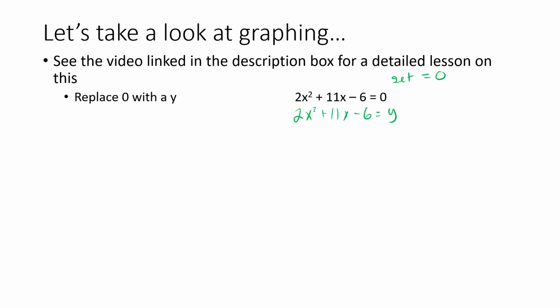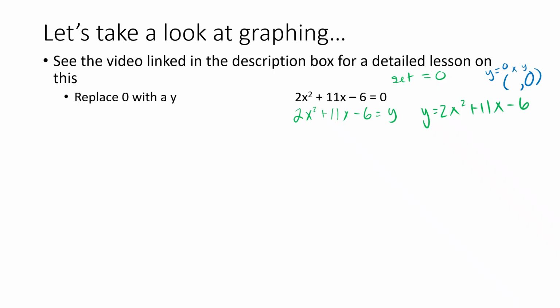So instead, we'll have y equals 2x squared plus 11x minus 6. In that process, we have implicitly said that our y value is equal to 0. And so when we're looking at our xy pairs, we are going to be looking for where the y value is equal to 0.